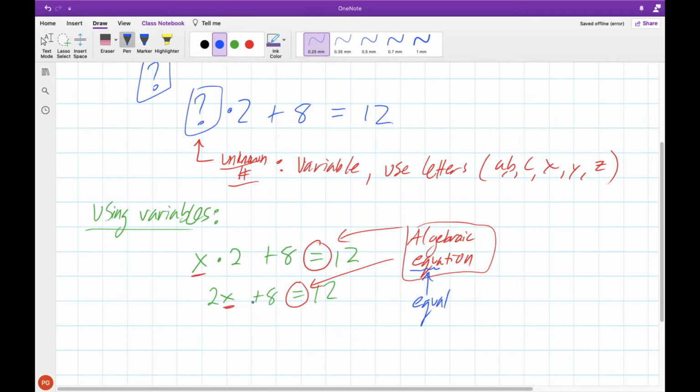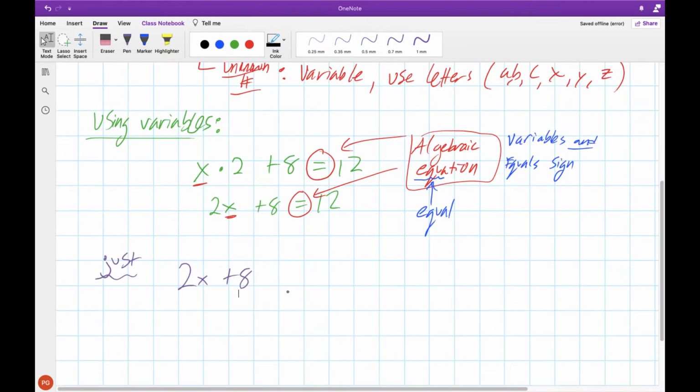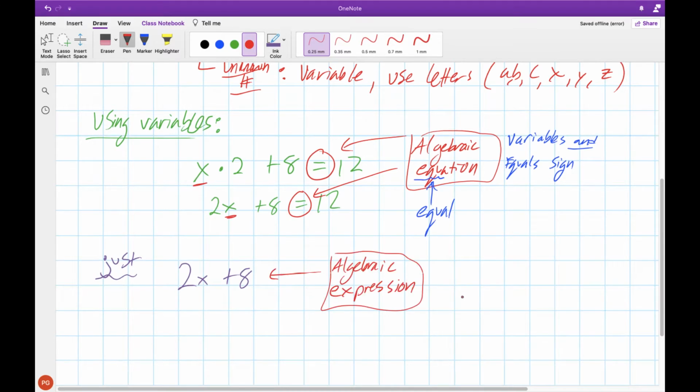So we've got some variables and an equal sign. That's what makes an algebraic equation. If we just have the first part here, the 2x plus 8, but with no equal sign, we have a different name for this. We call this an algebraic expression. The idea here is that we have variables, but no equal sign.